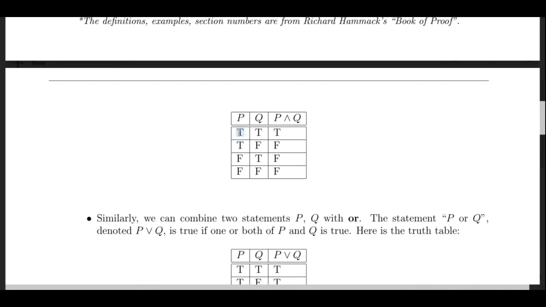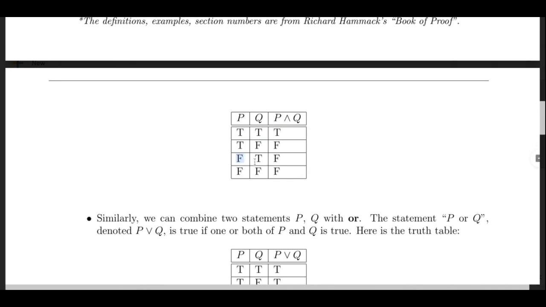If P is true, Q is also true, then P and Q is true. If P is true, Q is false, then P and Q will be false, because it's combined to be like one statement that would be false.